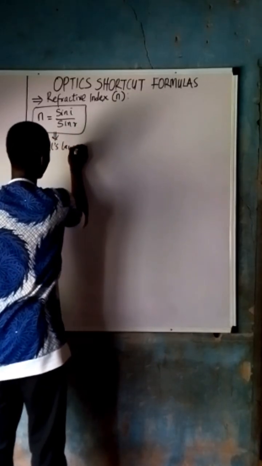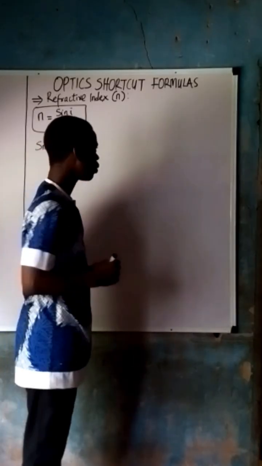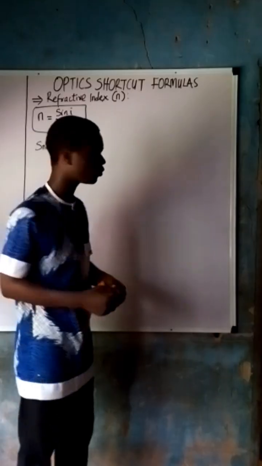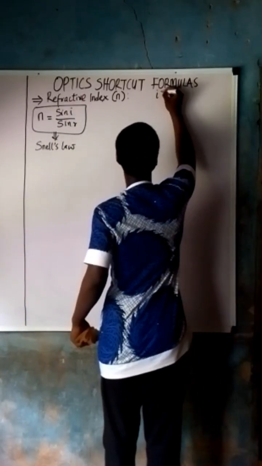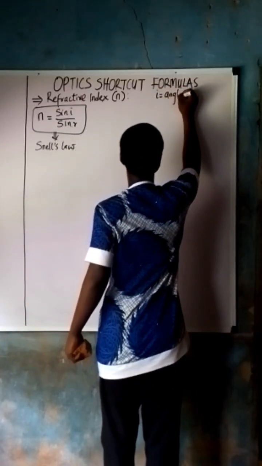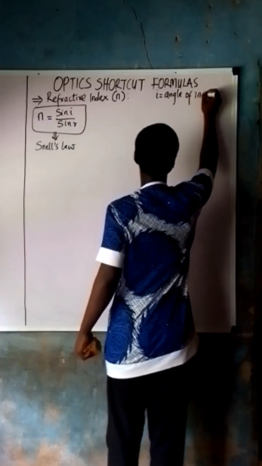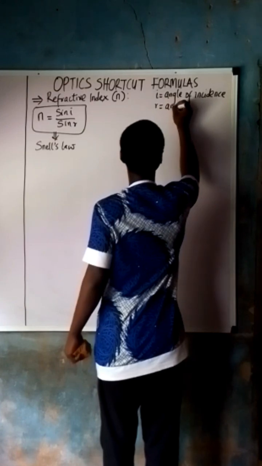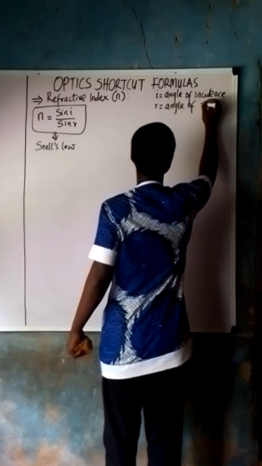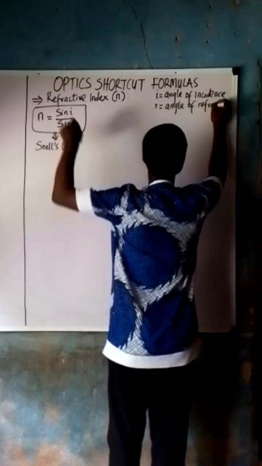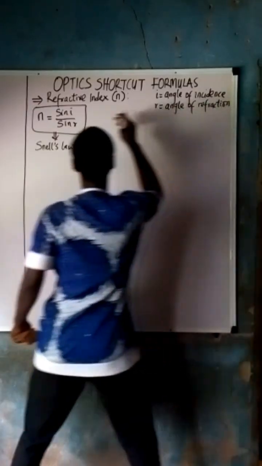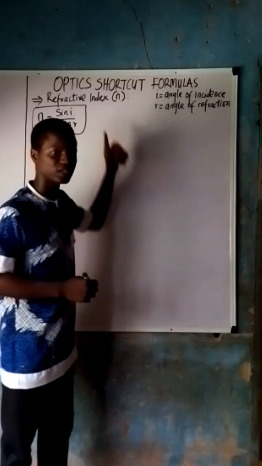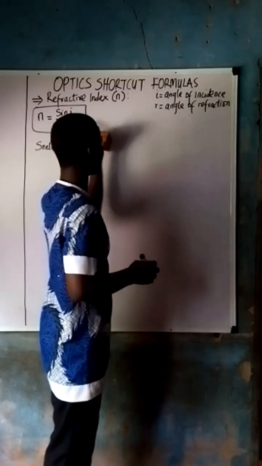You may want to ask what i stands for and what r stands for. Here, i stands for the angle of incidence, and r is the angle of refraction. You can use this formula to get your refractive index, provided you are given i and r.